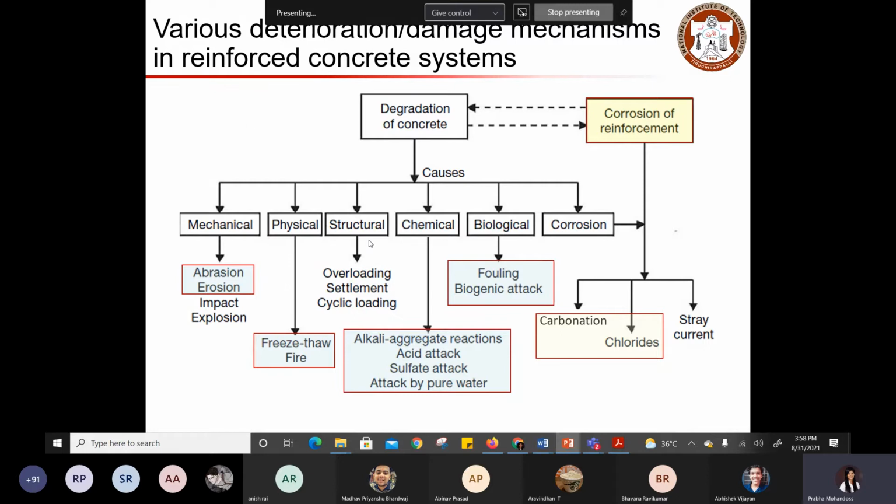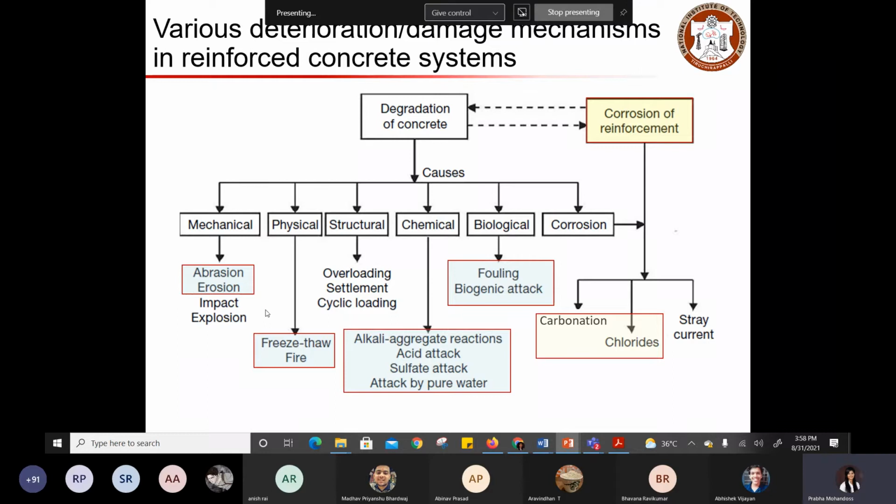And structural degradation, so when you overload your concrete structures, that will degrade them, because when the demand exceeds the capacity, your structure cannot withstand the overload that is being experienced by it. And then the settlement and cyclic loading. Then the biological attack, where you have fouling and biogenic attack due to microbial activity.